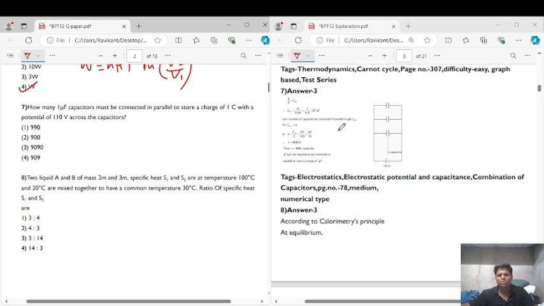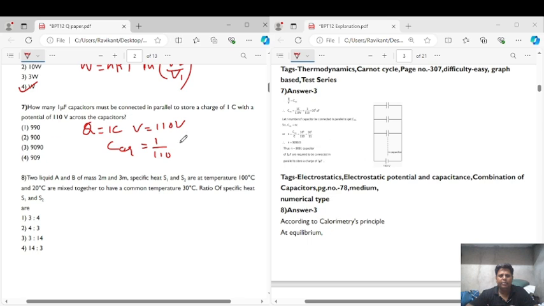Now let's come to question number 7. Question number 7 says, how many 1 microfarad capacitors must be connected in parallel to store a charge of 1 coulomb with a potential of 110 volts across it? So the charge given to us is equal to 1 coulomb and the potential is equal to 110 volts. It means C equivalent will be equal to charge upon voltage.